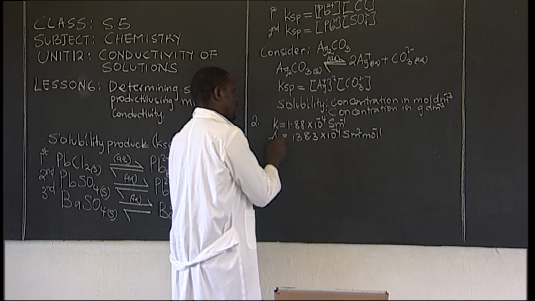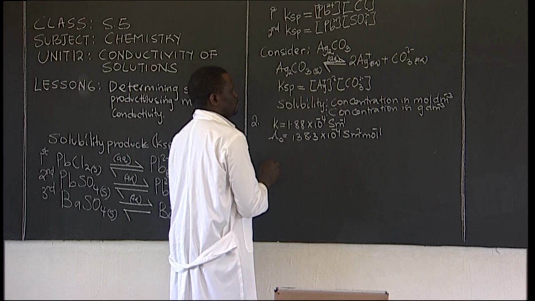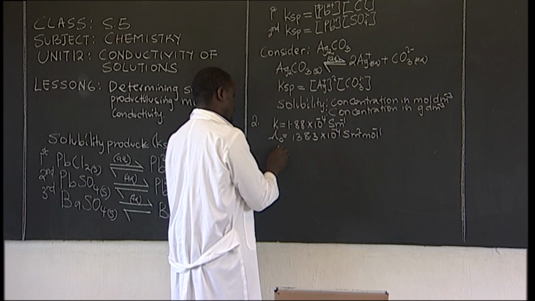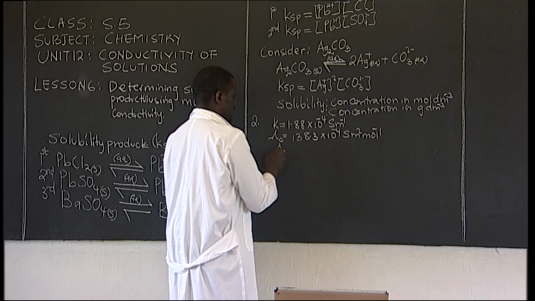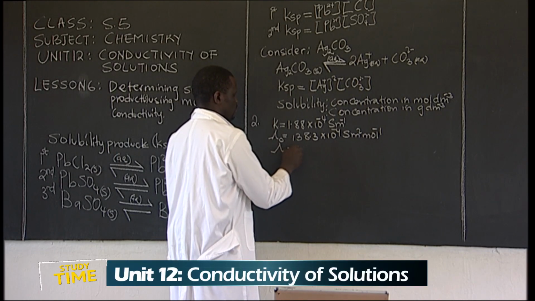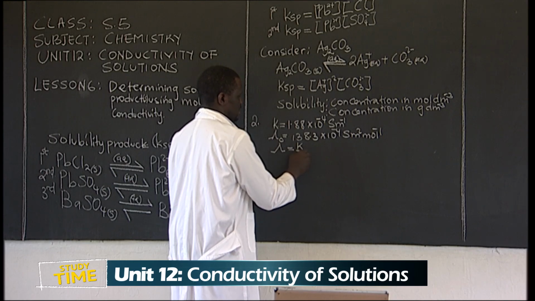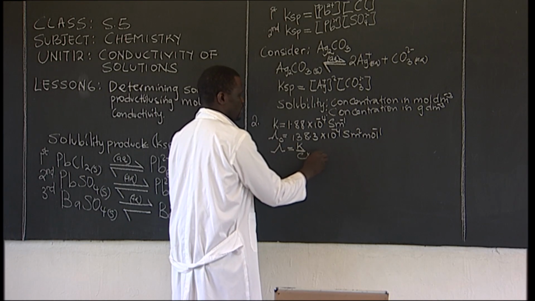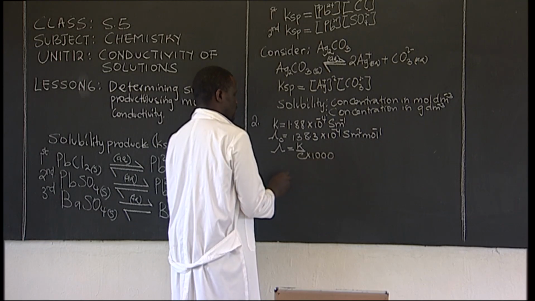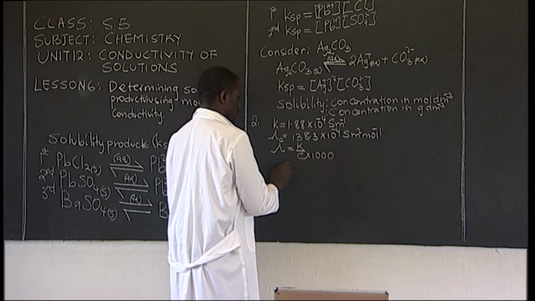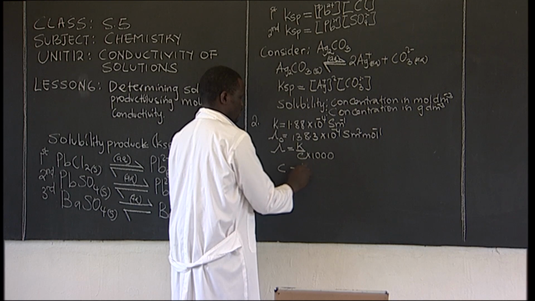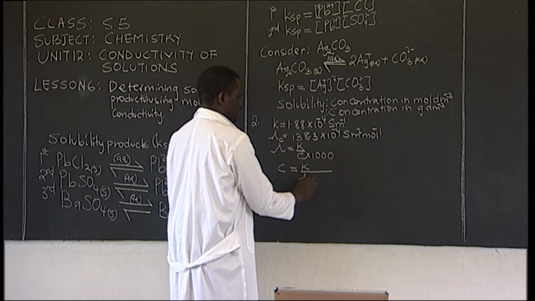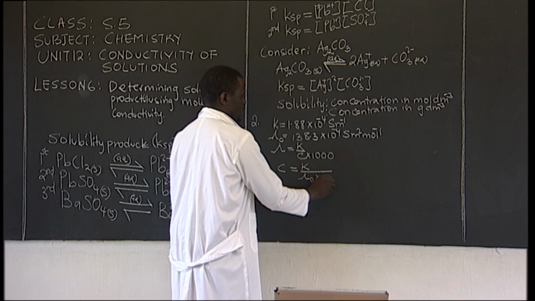We can use these two things to get our solubility, which we are going to call C, which is again molarity. Molar conductivity at any concentration is equal to kappa over C. Because we have our units in meters, we divide by 1,000. So C, which is what we want, will equal kappa over molar conductivity at zero concentration times 1,000.